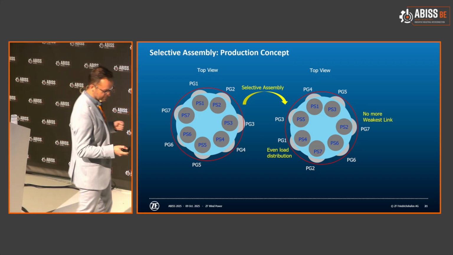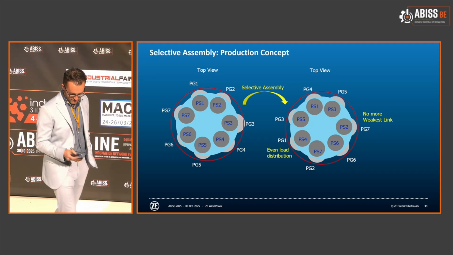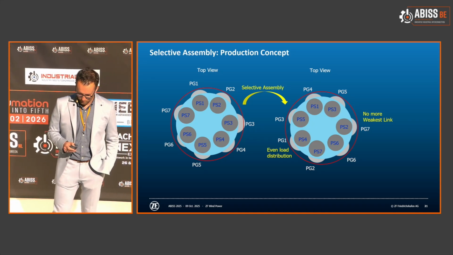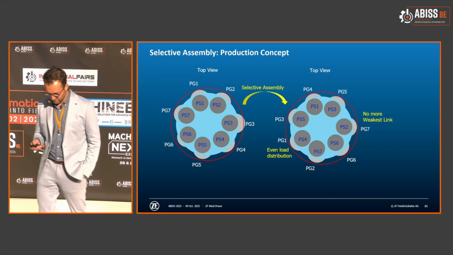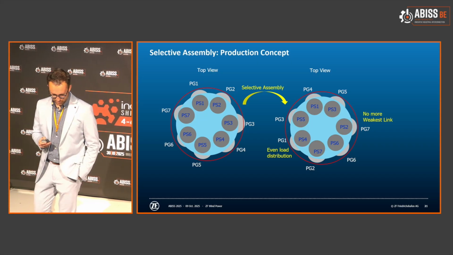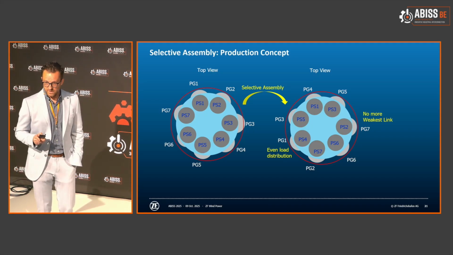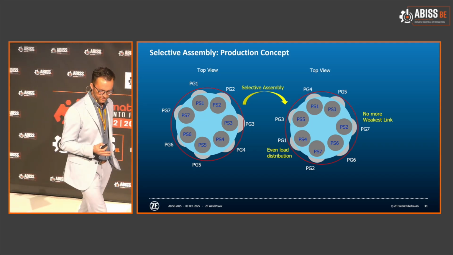Yeah, and just to give you an example, it's then no longer planet gear 1 combined with planet shaft number 1. It could be planet shaft number 1 combined with gear number 4, or planet gear number 7 combined with planet shaft number 2.